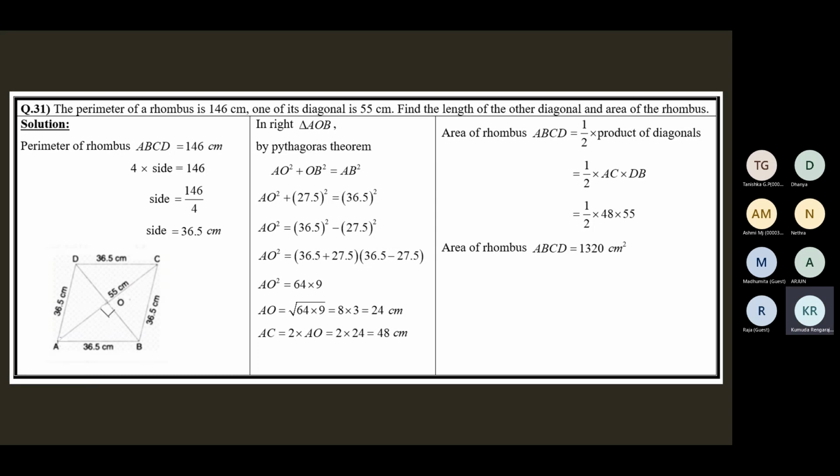Instead of for AO, I should write 27.5, but I've written 27.5 for OB. The procedure is not wrong, only the substitution. OA is 27.5. OB is not known. We should find OB and BD.